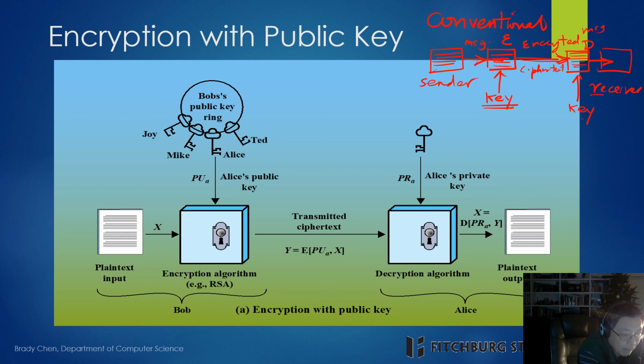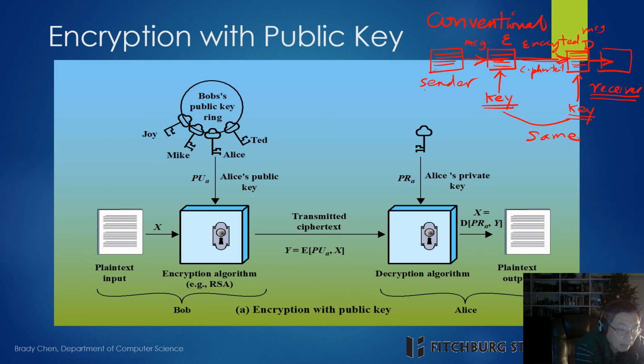And then the receiver receives the message. In conventional encryption and decryption, both the sender and the receiver use the same key. So we mostly call this symmetric encryption and decryption.